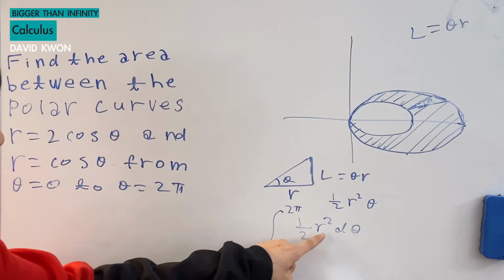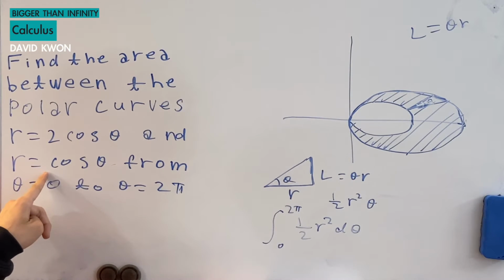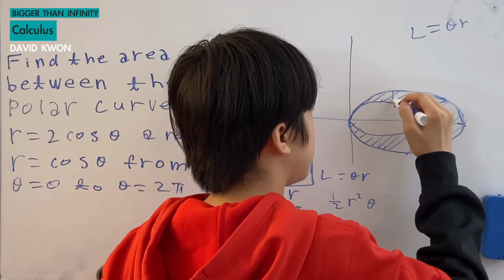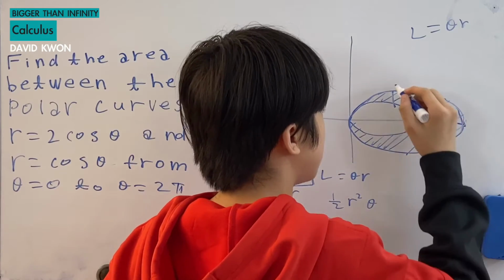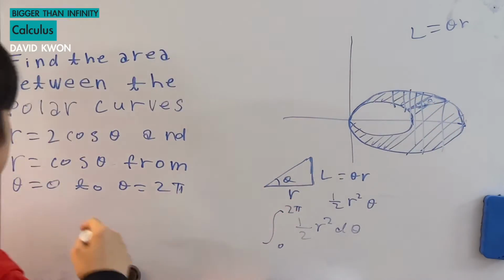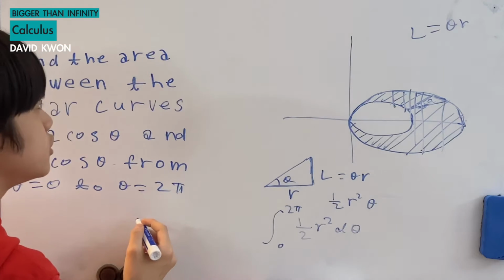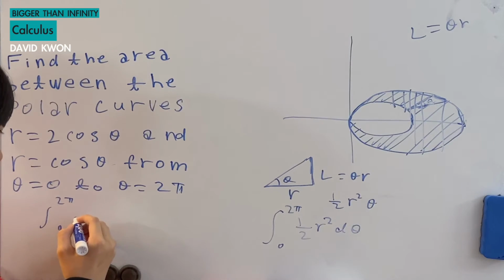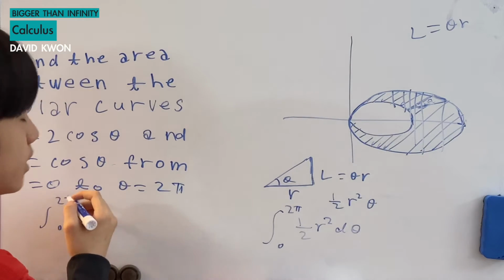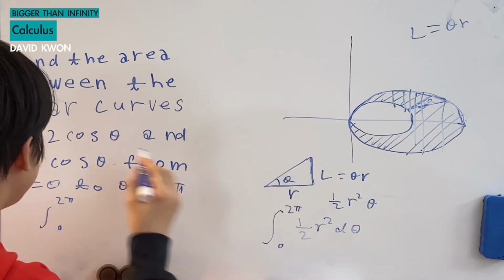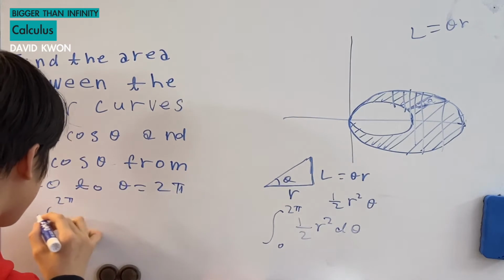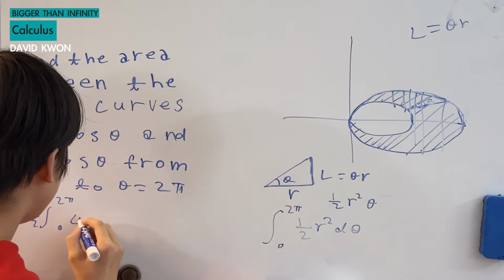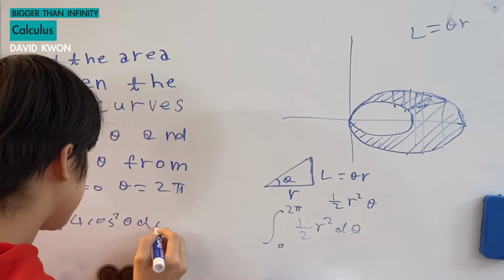As you know, r is equal to this and this. But what comes first? What's the length of this? That is the top minus the bottom. So let's have this first, the integral from 0 to 2 pi. The r is 2 cosine theta, and the 1 over 2 comes in front because it's the coefficient. When I square that, I get 4 cosine squared theta d theta.